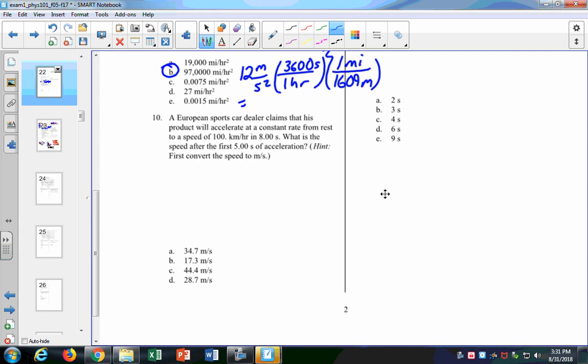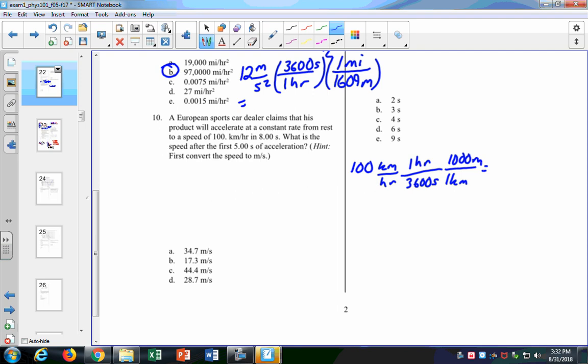Okay, so first, I gave a little hint here just so you didn't gloss over it. 100 kilometers per hour. We have to convert that to meters per second. So 1 hour is 3,600 seconds, 60 minutes in an hour, 60 seconds in a minute. And then 1 kilometer is 1,000 meters.